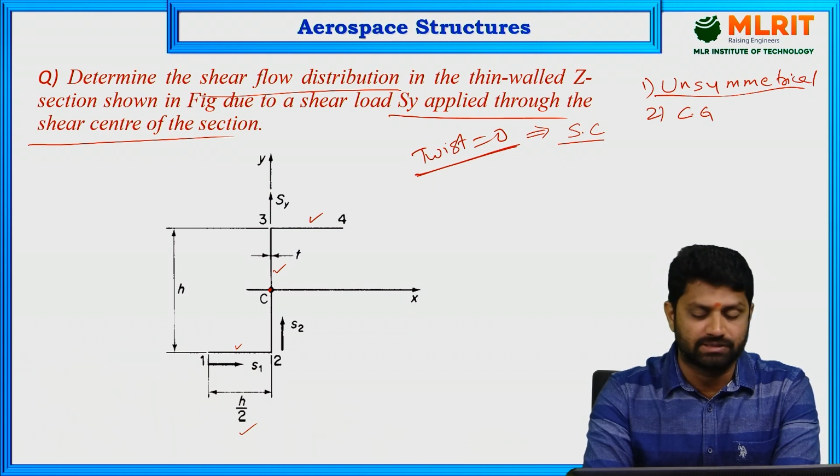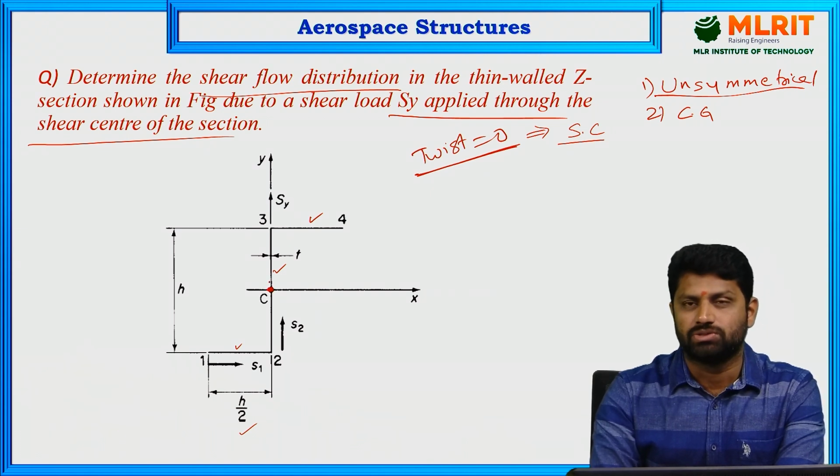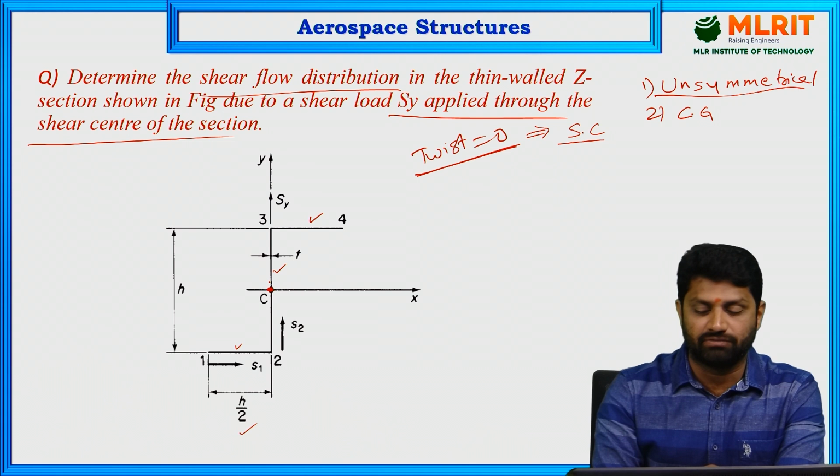But even though it is unsymmetrical, by the lengths distributed on the upper and lower surfaces, you can assume that the centroid lies at the center of this section. Therefore, no need to calculate the centroid for this problem.